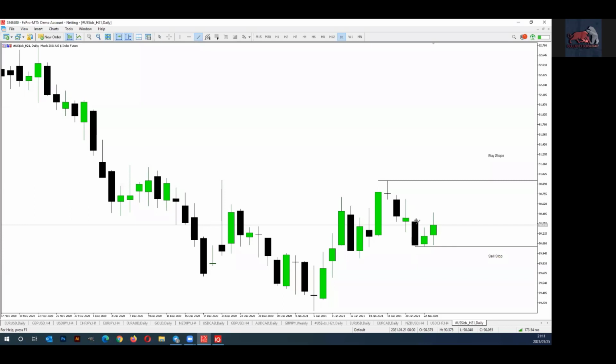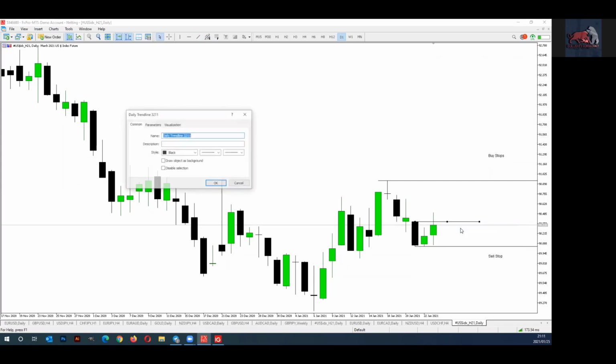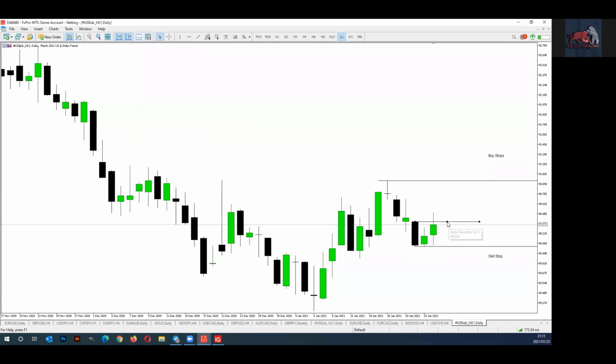That's two weeks ago's opening price, which is coming in at 90.375. So I'm going to highlight 90.375. You need to see price closing above 90.375 to validate your long entries.